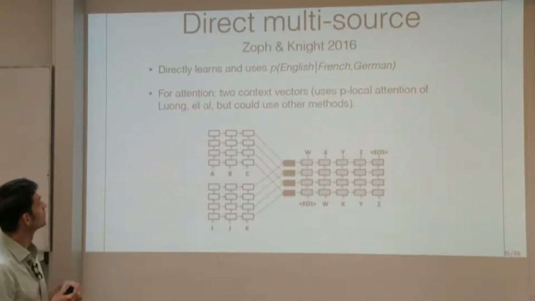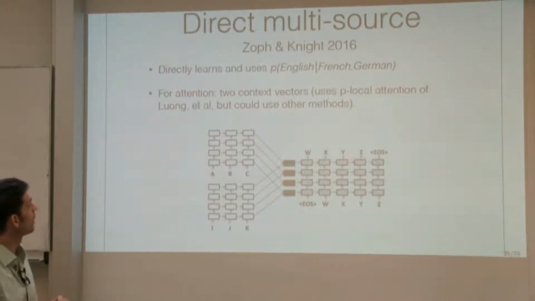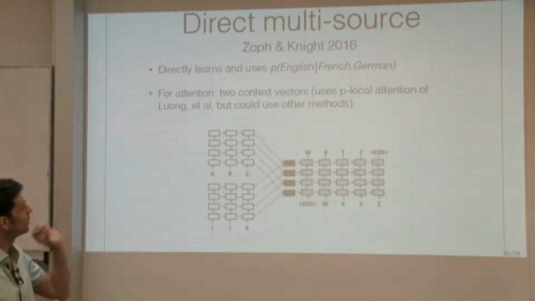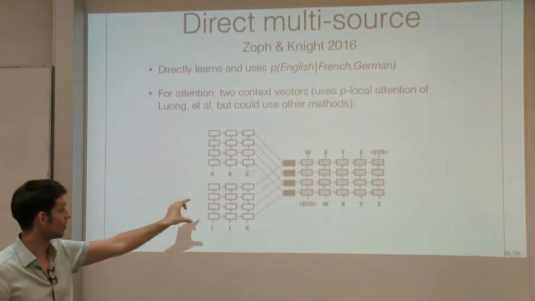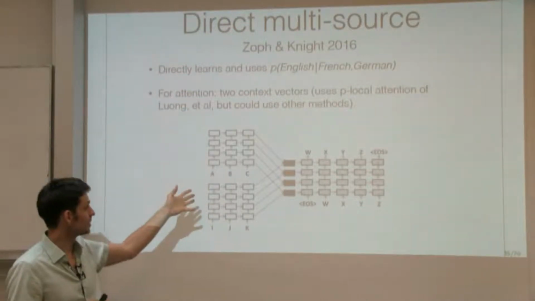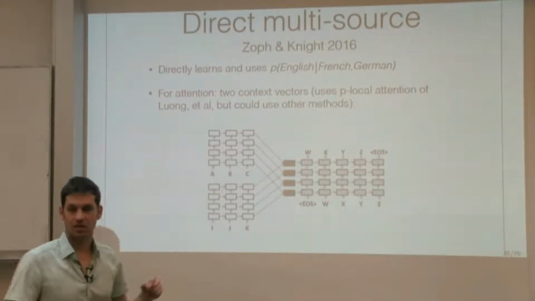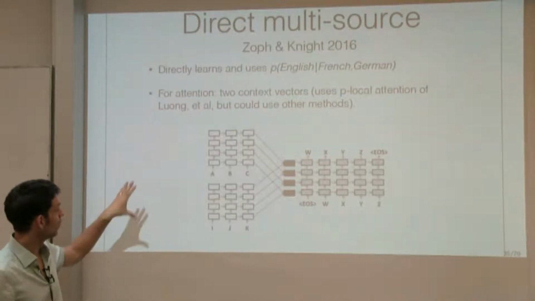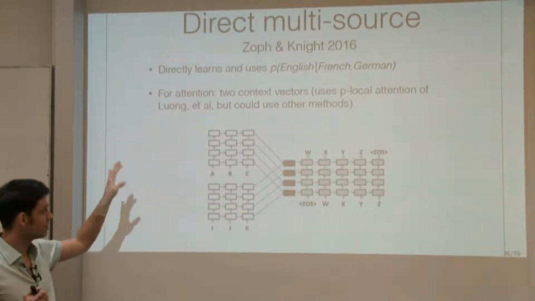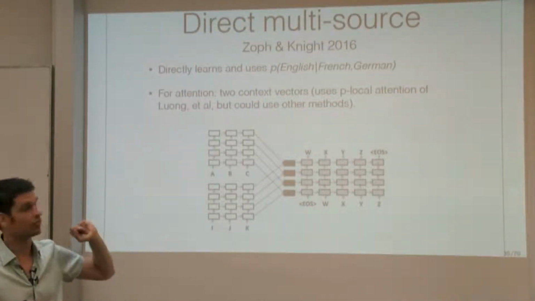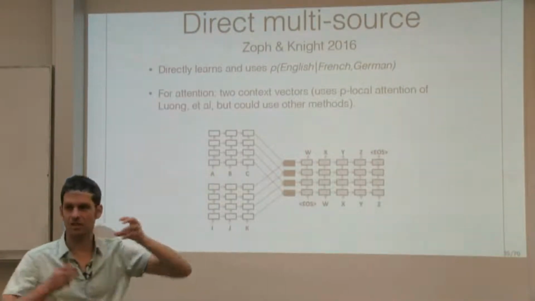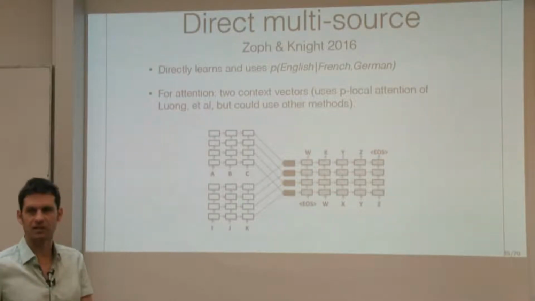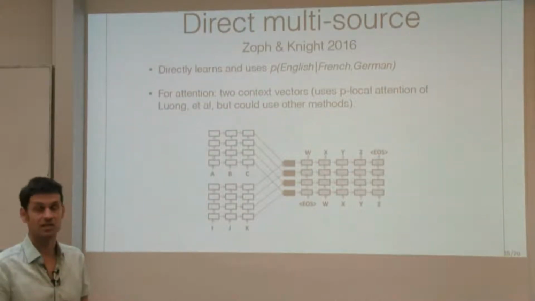So the first setup was by Zoltan and I, and it directly learned to produce English from French and German sources. And the way it was done was that these recurrent neural networks, they were deep, by the way, so it was a deep recurrent neural network. The French one processed the sentence into a single vector that represented the whole meaning of the sentence in French.